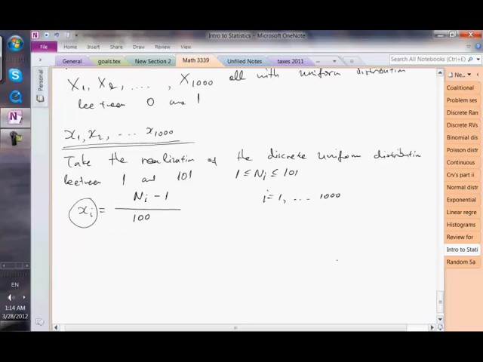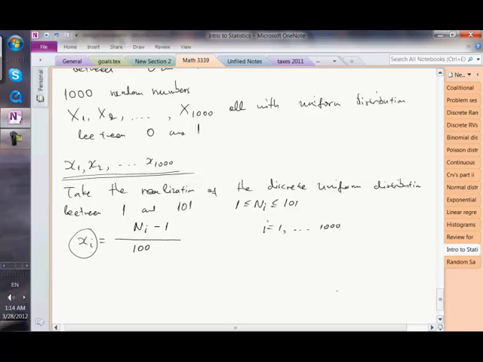Now suppose that I want to find a realization of the same size for a known distribution, let's say the gamma distribution or the normal distribution.